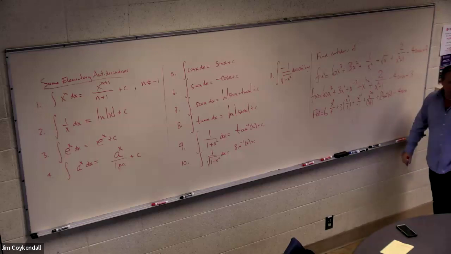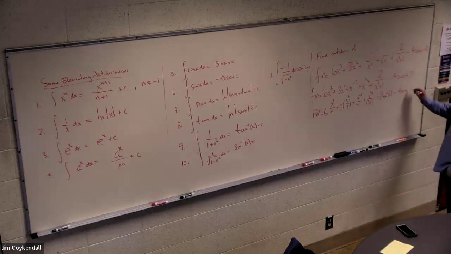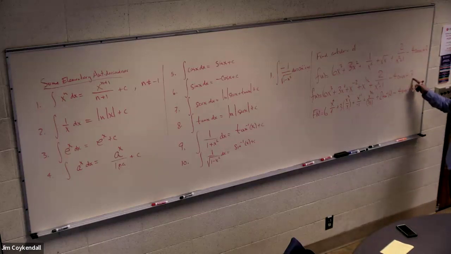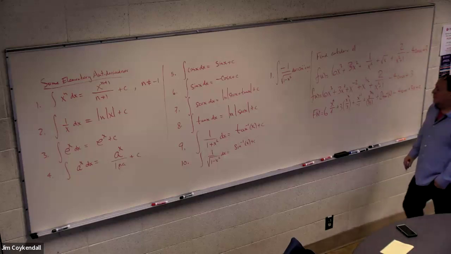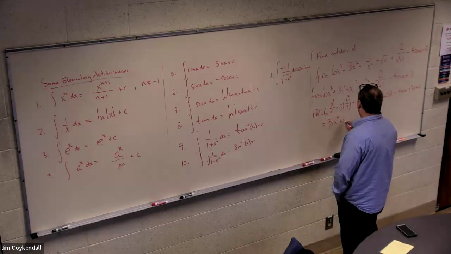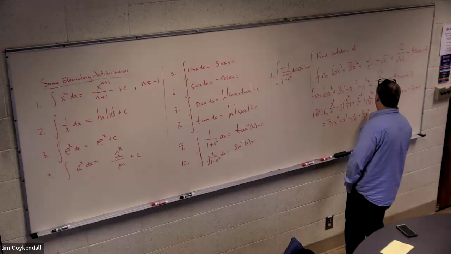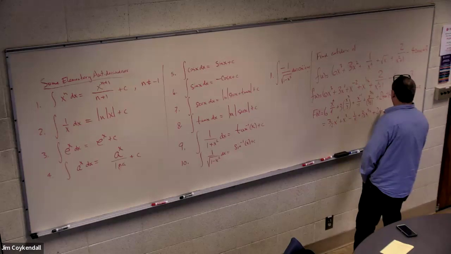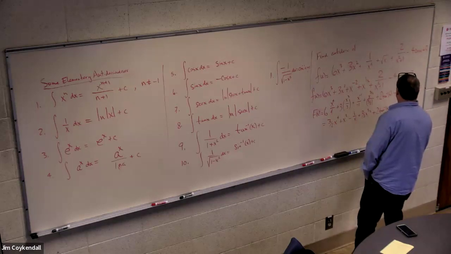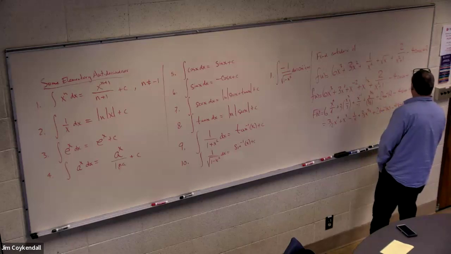Next. Antiderivative of 3 is 3x. That's 3x to the 0 power. So it's here, minus 1 over x, plus 2/3, that's 3 halves, plus 2 inverse tan x, minus 4 sine x, 3x.